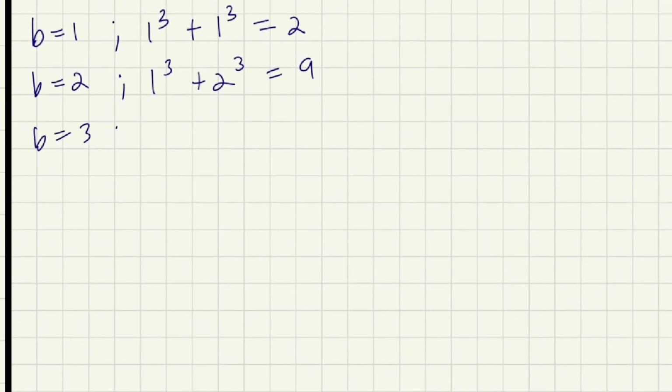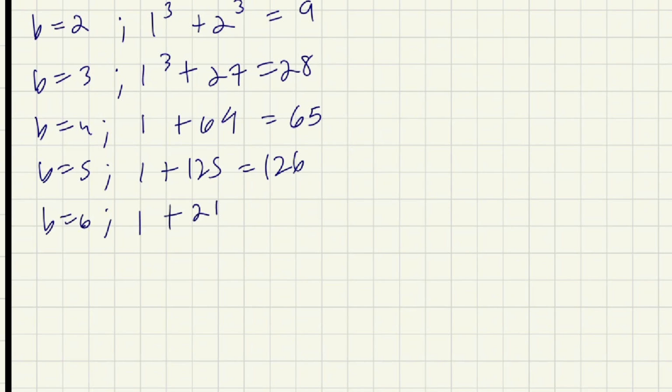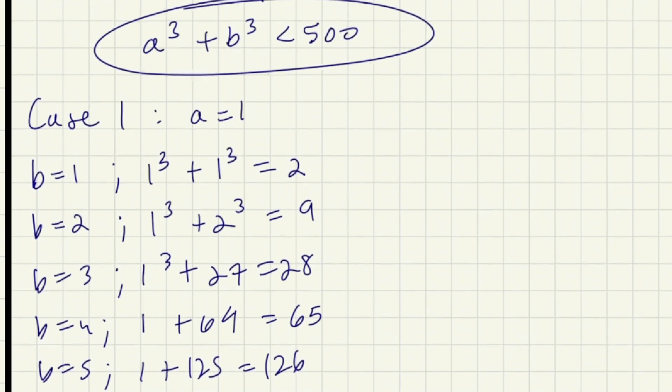When b equals 3, we have 1 plus 27, which is 28. When b equals 4, 1 plus 64 is 65. For b equals 5, 1 plus 125 is 126. For b equals 6, 1 plus 216 is 217. For b equals 7, 1 plus 343 is 344. When b equals 8, we get a number bigger than 500, so we do not include it.